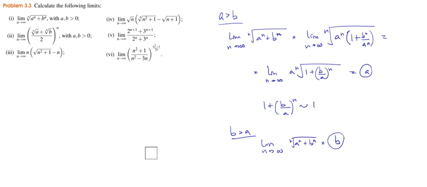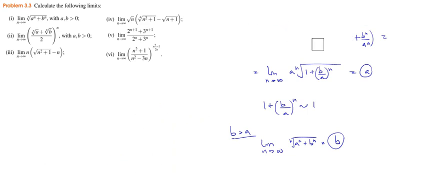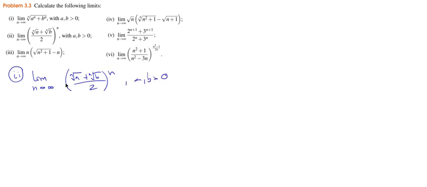Let's go for the second one. The second one is harder, actually. So we have the limit when n goes to infinity of the nth root of a plus the nth root of b over 2 to the n, and again a, b are greater than 0. If you do the limit of the inside, you have 1 plus 1 over 2, which is 1, and then the limit of the exponent n is infinity.